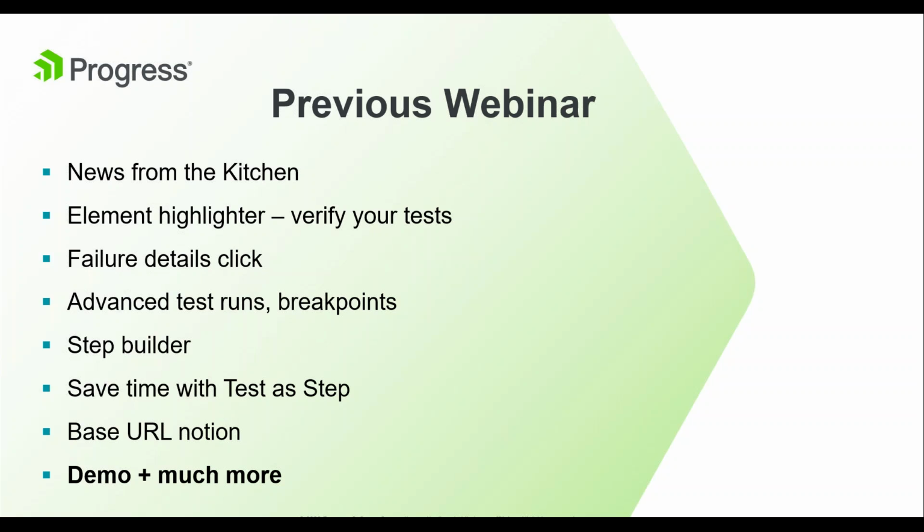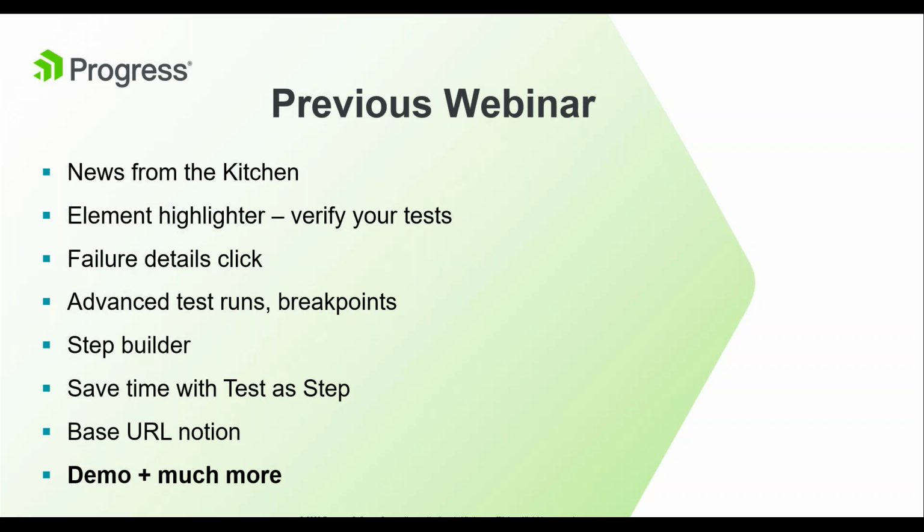Right. We also showed you some tips and tricks like building tests as step, which allow you to more easily maintain your tests and reuse parts of one test among other tests, like the simple login test step, which you can reuse in unlimited number of other tests, right?